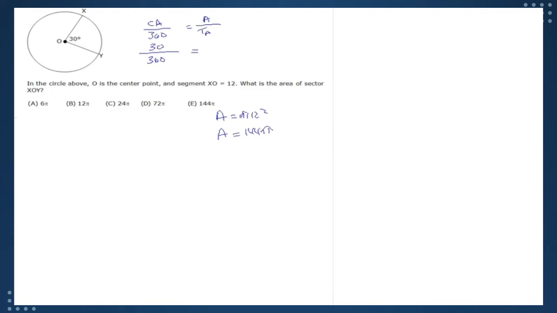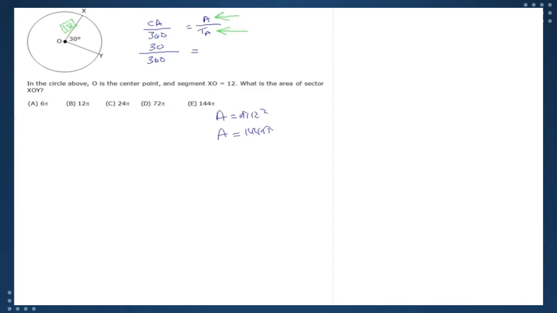This is going to be pretty much the same proportion that we use. The only difference is that this here is sector area, this here is total area. We are given a lot of the same information from the last problem, but we need to use it in different ways. As an example, XO is still the radius, but to get the area, we need to do pi r squared.